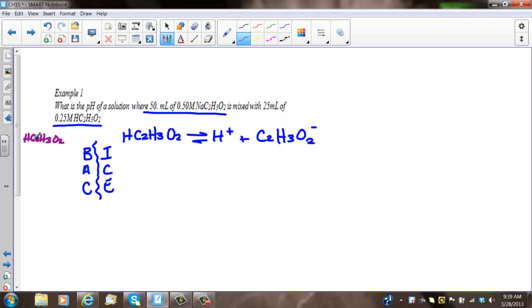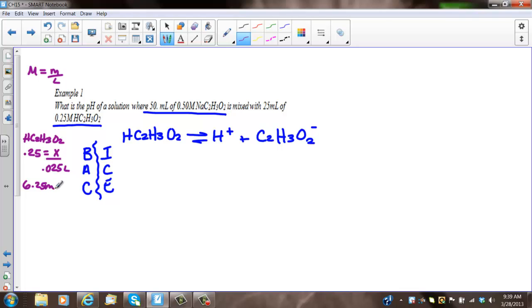This is my HC2H3O2. We know that molarity is equal to moles over liters. So I'm given 0.25 molar equals X over 0.025 liters. When I solve for X, I'm going to get moles. So this is going to give me 6.25 moles.